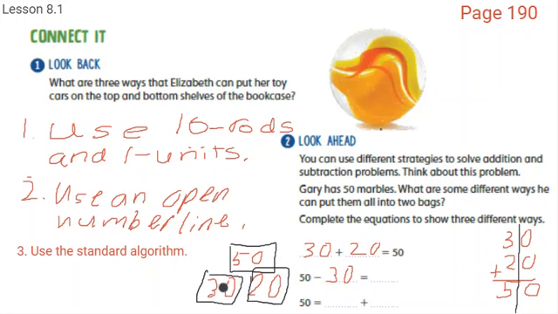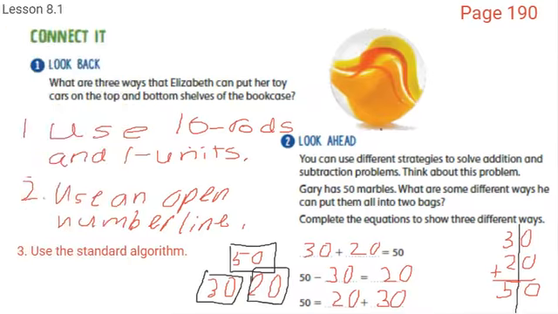So 50 minus 30 is equal to 20. And then 50 is also equal to 20 plus 30. Hopefully you tried this yourself. Let's move on to the next page.